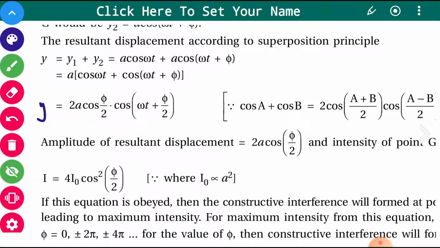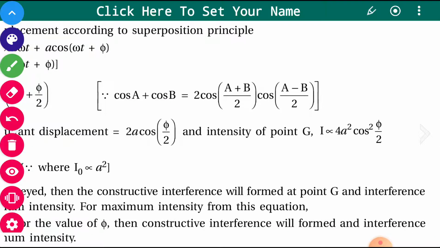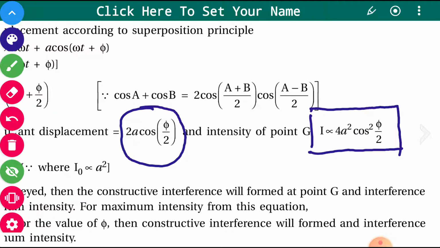If you consider this equation, the resultant displacement is given by this particular formula. Here 2a cos (phi by 2) can be considered the amplitude of the resultant wave, and as you know, intensity is directly proportional to the square of amplitude. So the intensity of this superposed wave I is proportional to the square of 2a cos (phi by 2), and that will be 4a square cos square (phi by 2).